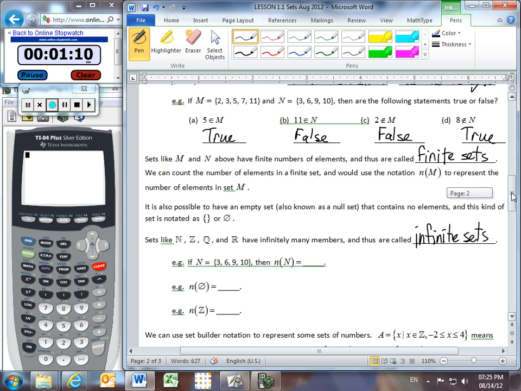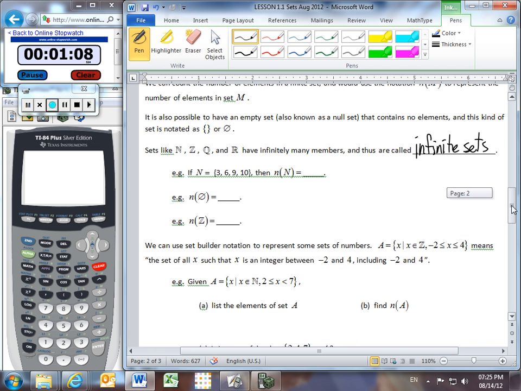So, let's do an example. Suppose that we have this set N that we referred to previously, containing 3, 6, 9, and 10. Then n of N would be equal to, well, this notation represents the number of elements in set N. 1, 2, 3, 4.